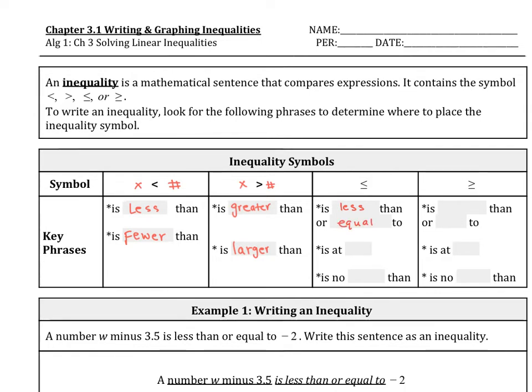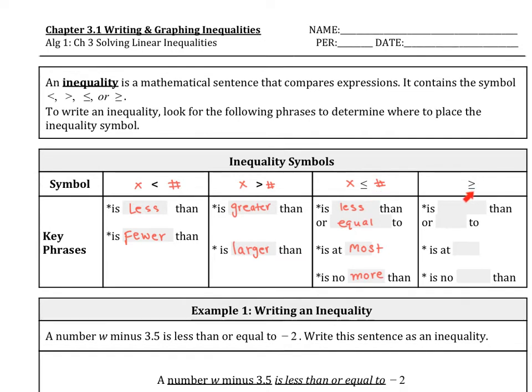This is also called at most or no more than. So if x is here and the number is here, we call it x less than or equal to a number, whatever this number is.